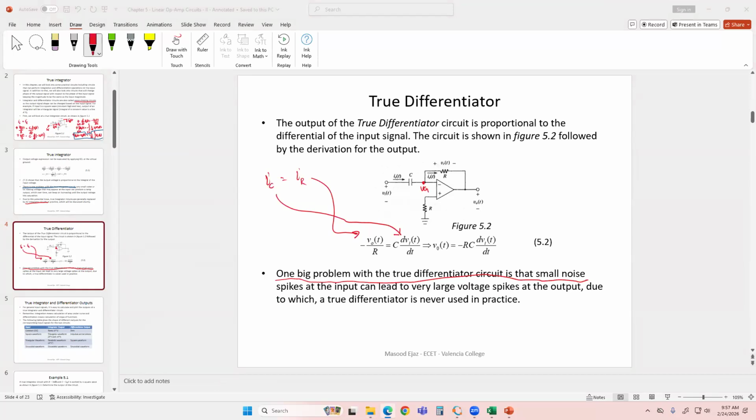Experiment 4. Yeah, so we are using the low frequency differentiator and the AC integrator. So we are using the modified circuit. We are not using the true integrator and true differentiator, but the AC integrator and low frequency differentiator.